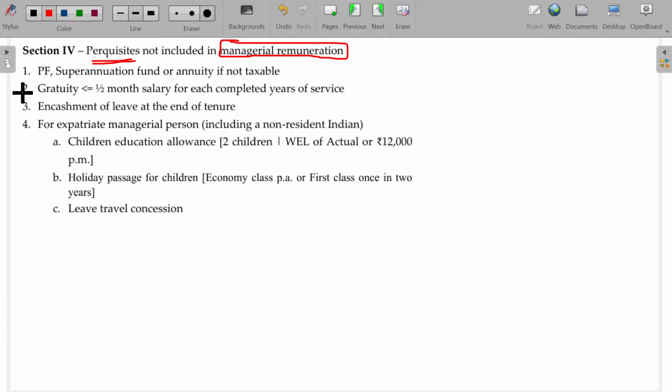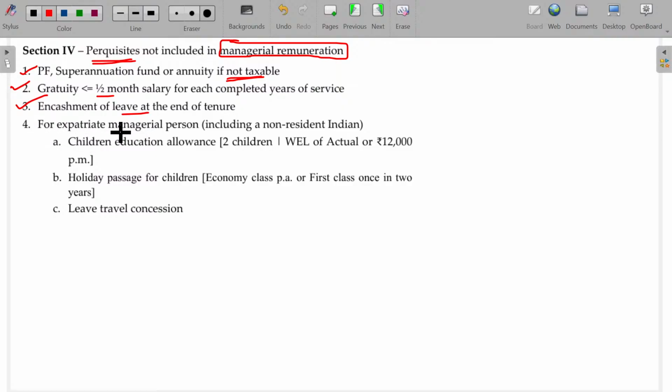And other details: PF, superannuation fund or annuity, if not taxable, are also excluded. Gratuity less than or equal to half month salary for each completed year of service is also excluded from the remuneration. Any leave encashment received is also considered as not being managerial remuneration.